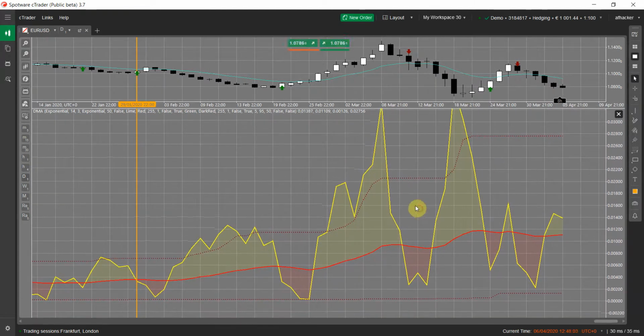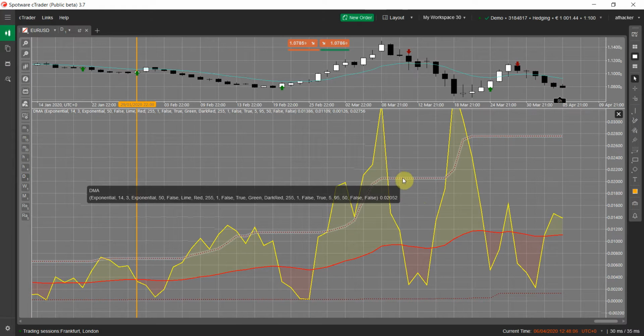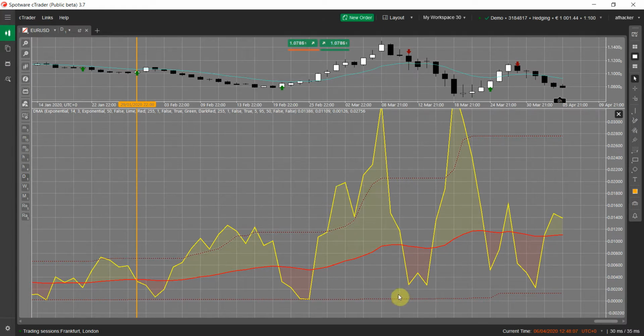The percentile lines here, as you can see, have default values of 95% and 5%. The percentile lines are calculated based on x previous values of distance. Suppose you set it to 95%, the upper line is 95%.